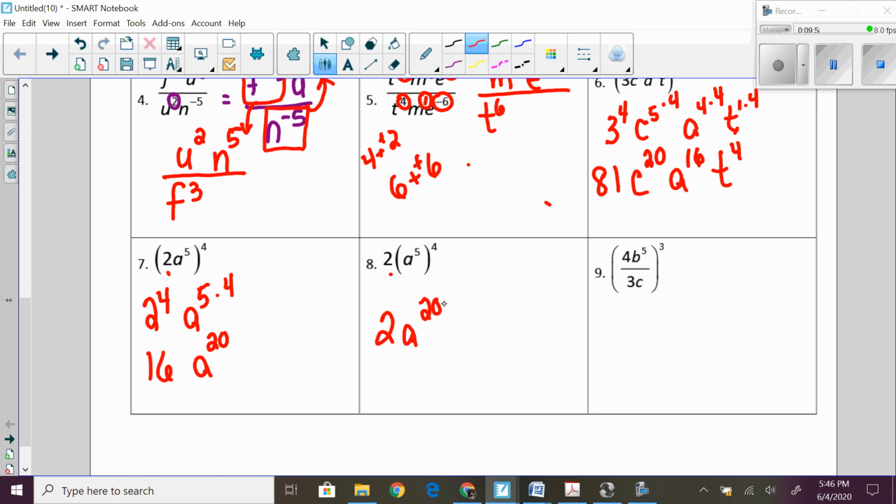Very similar for number 9. We have division inside of the parentheses, so I'm going to write it out. We are going to have everything being raised to the 3rd power. I might not need to write all of this out at this point, but I'm going to. And now we will clean it up. 4 times 4 times 4 is 64.